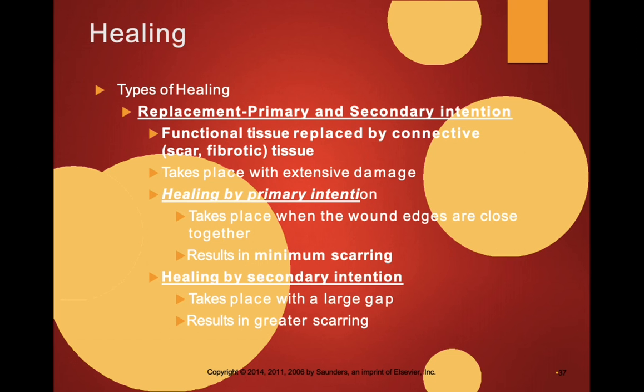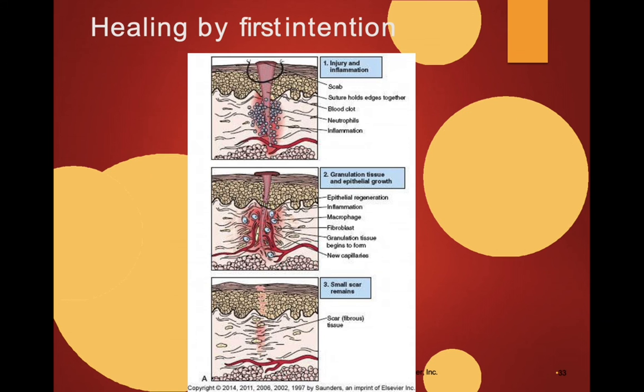Very, very little scarring with this. Compared to secondary intention, a much wider lesion, there will be a larger gap between, and it's going to result in greater scarring. This is why when there's a large gap, getting to a physician, maybe they need to stitch the area to bring the two sides close together to try and limit that gap.